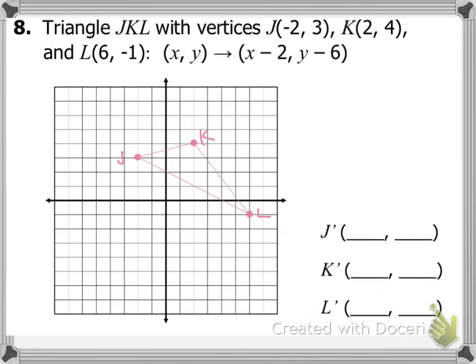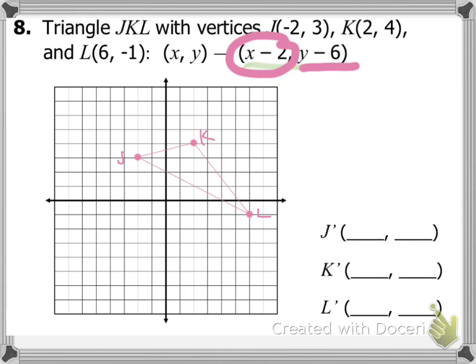Okay, so now we're going to talk about translations. So translations are a shift in the graph. So a shift in the graph means that I'm going to scoot to the left 2, and I'm going to scoot down 6.